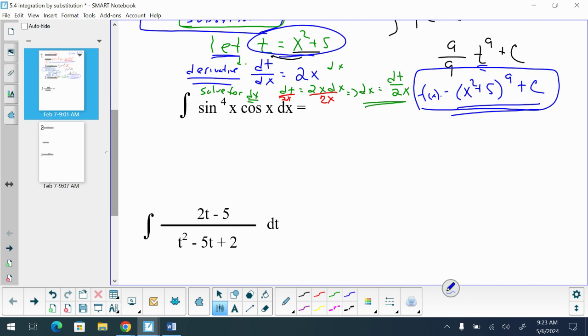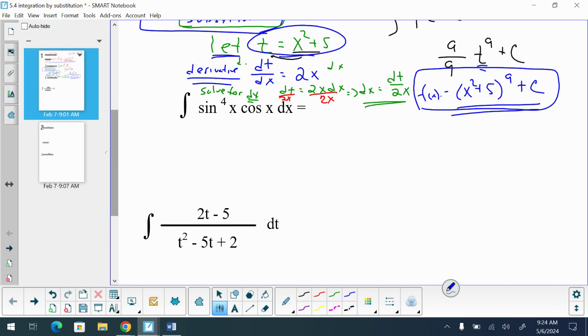Undoes your chain rule. Now there's techniques to undo your product rule, quotient rule. You have something called integration by parts. You don't deal with that until Calc 2. Partial fractions deals with your fractional part idea. Okay, so there's other techniques. There's a lot of techniques in integration.